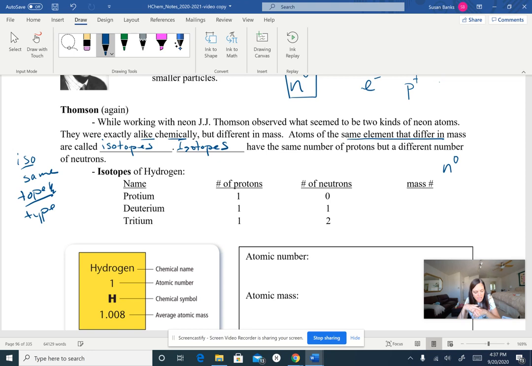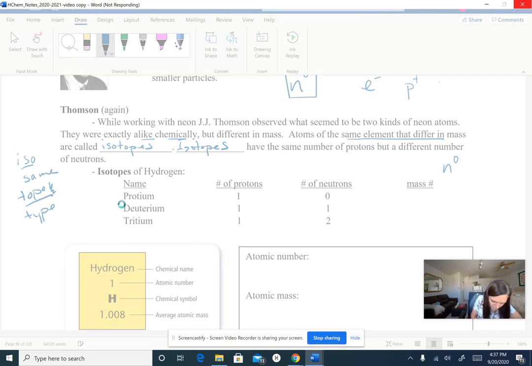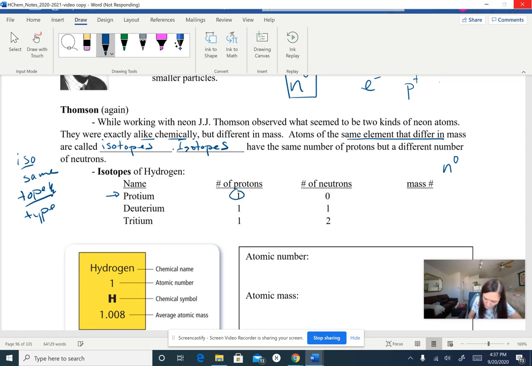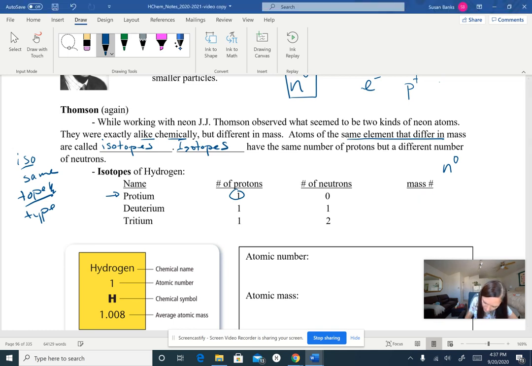The isotopes of hydrogen are named protium, pro means 1, deuterium means 2, and tritium means 3. So protium, because it means 1, has 1 proton and 0 neutrons. It has a mass of 1.